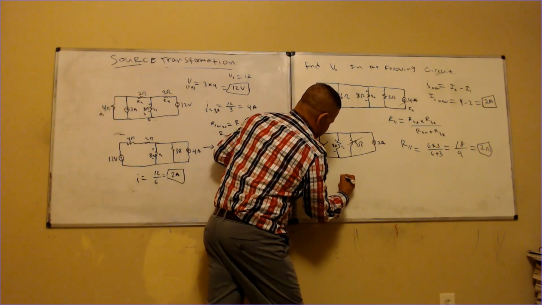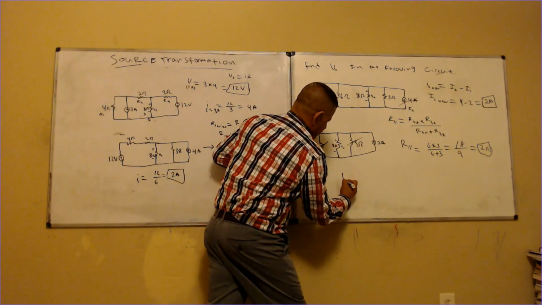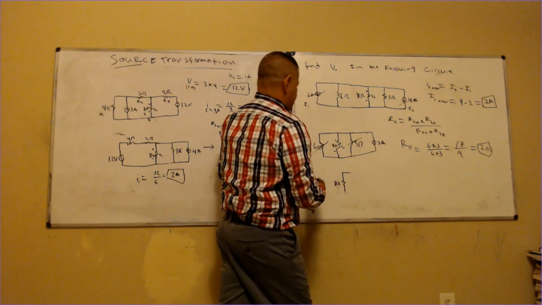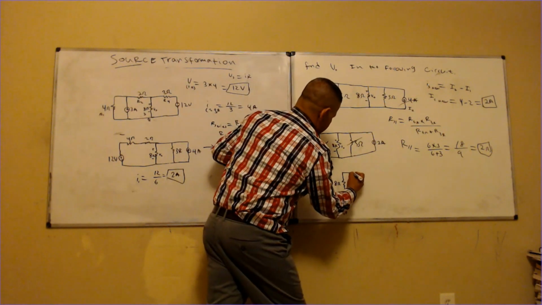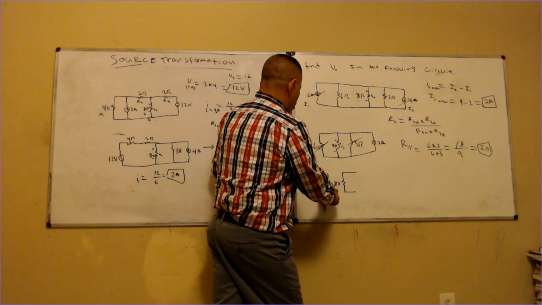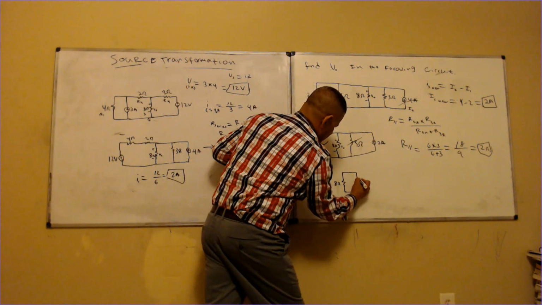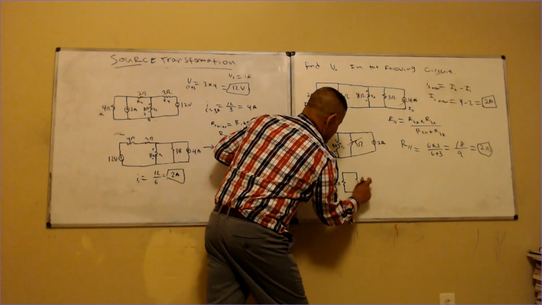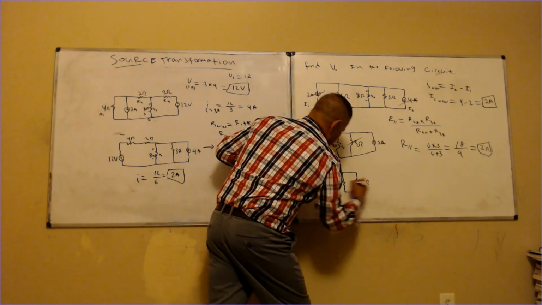So now I can say that this 8 ohm resistor, and then this 8 ohm resistor, and that one, which is 2 ohms, 2 ohm resistor, right?